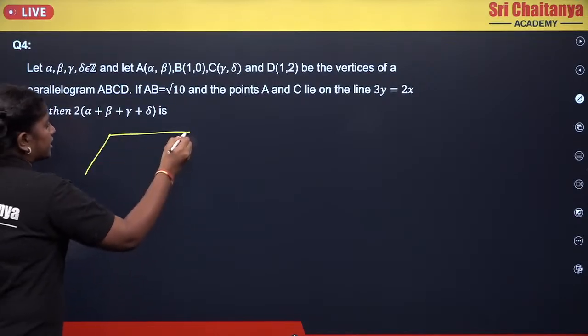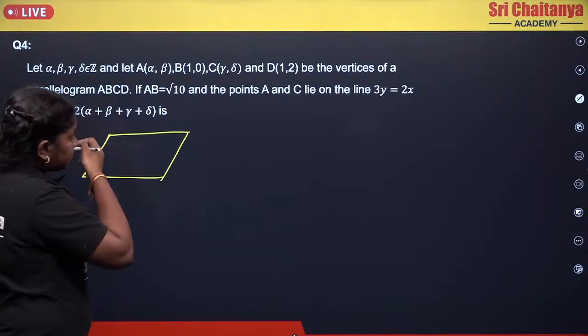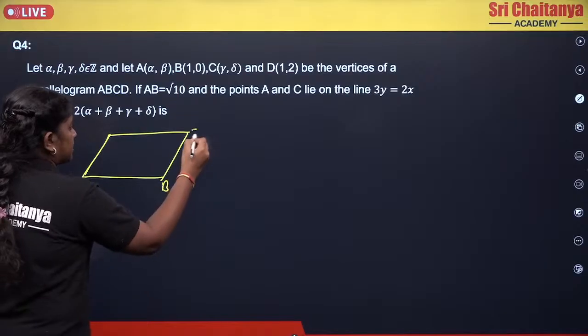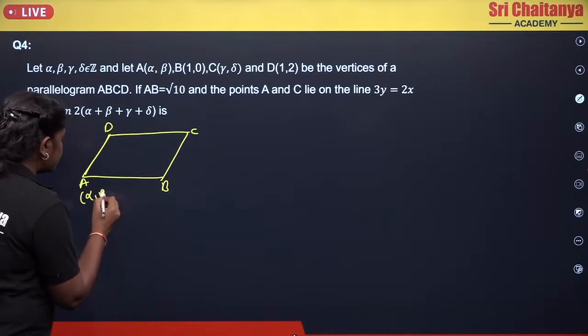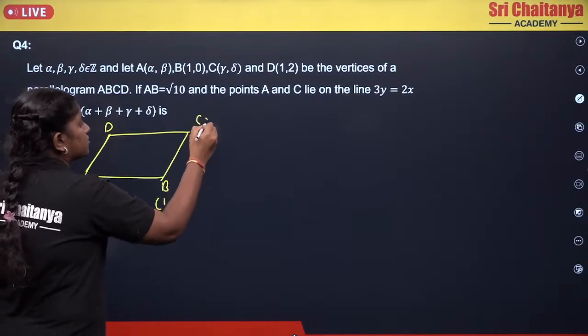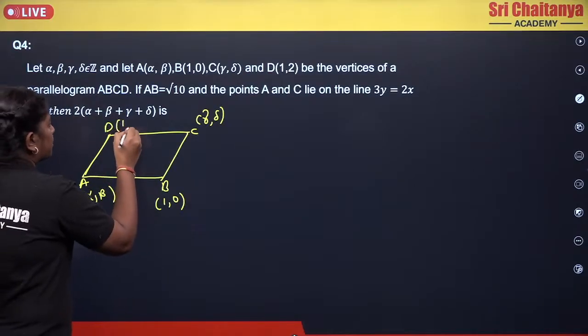Now here we are taking the parallelogram ABCD. They gave the vertices A which is (alpha, beta), B which is (1, 0), C which is (gamma, delta) and D which is (1, 2).